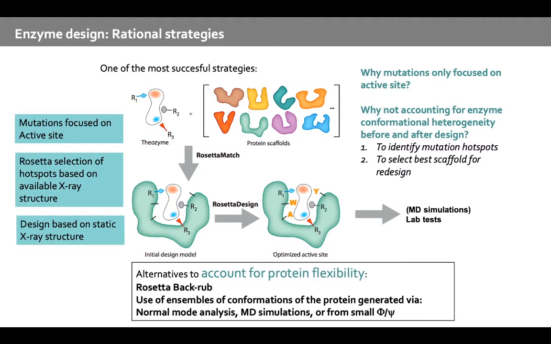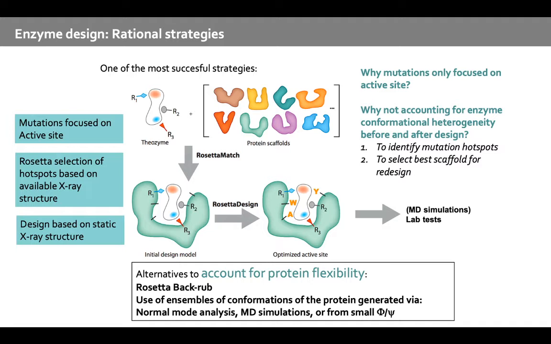And the other question that we are trying to answer is why the conformational dynamics, the conformational heterogeneity that enzymes present, cannot be used for designing. So can we identify the mutation hotspots based on the conformational dynamics of the enzyme? First question.